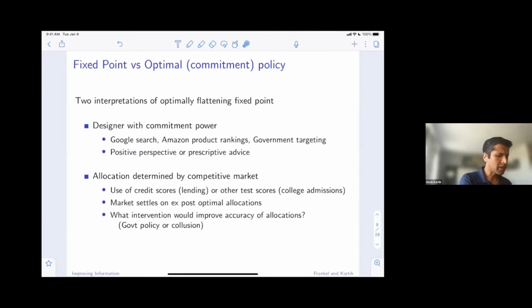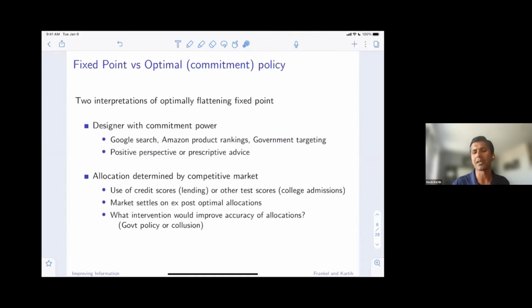There's another slightly more nuanced perspective, which is even if you have a market that, let's say, is a competitive market and therefore does not have a designer who has market power, for example, you might think about lots of small banks using credit scores in order to make lending decisions. I think Annie also mentioned this example in her talk earlier. Or you could think about lots of colleges using various test scores in order to make college admission decisions.